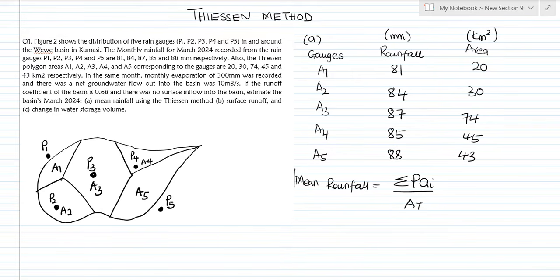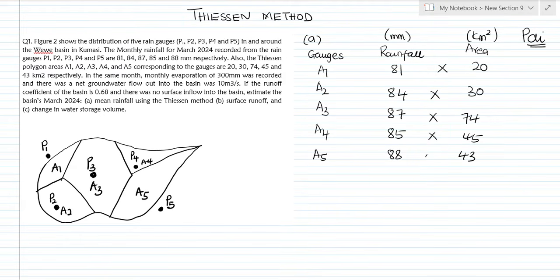So we need the products of the individual rainfall and the areas. 81 by 20 is 1620. 84 by 30 is 2520. 87 by 74 is 6438. 85 by 45 is 3825. And 88 by 43 is 3784.